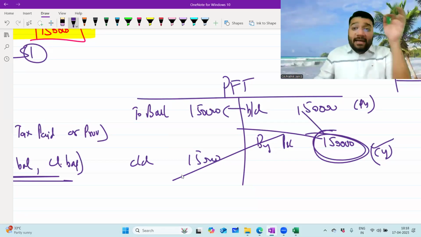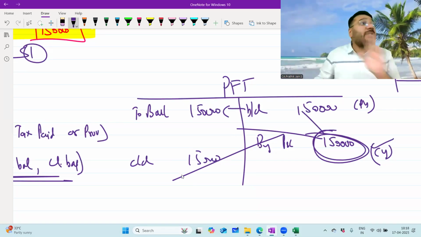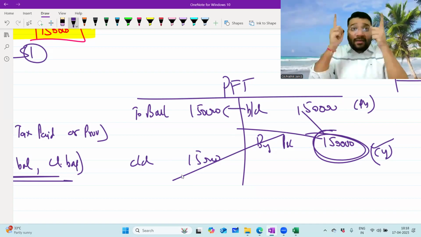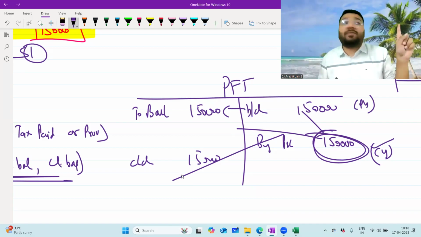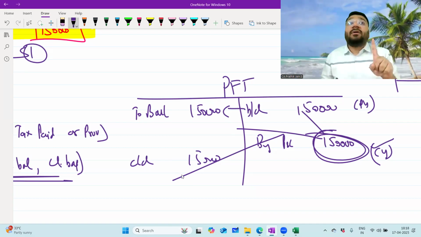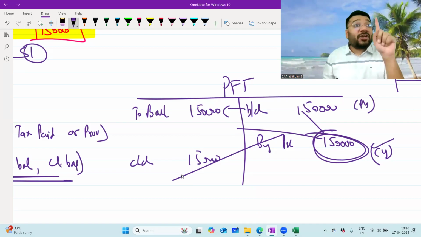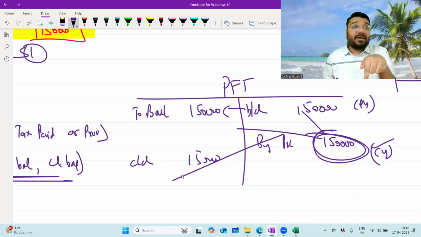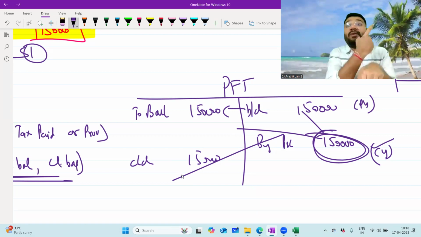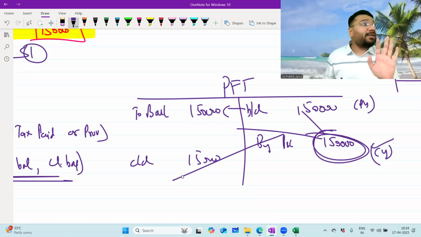So if only current year provision is given and no other data is given, we assume that the current year provision was the same provision created in the last year, provided there is no information about a loss in the last year, and provided this is not the first year of the business. In that case, I can make that assumption. If it is the first year of the business, can I assume that previous year also we created the same provision? Not possible. Am I loud and clear?